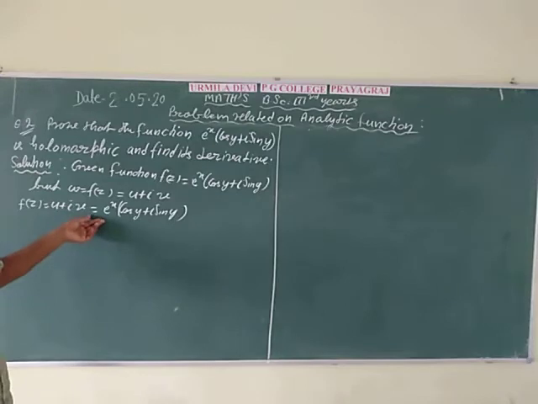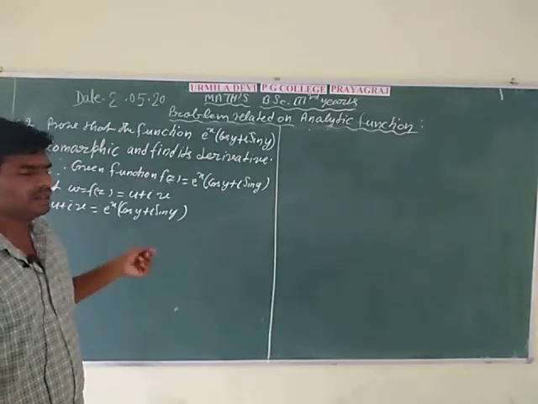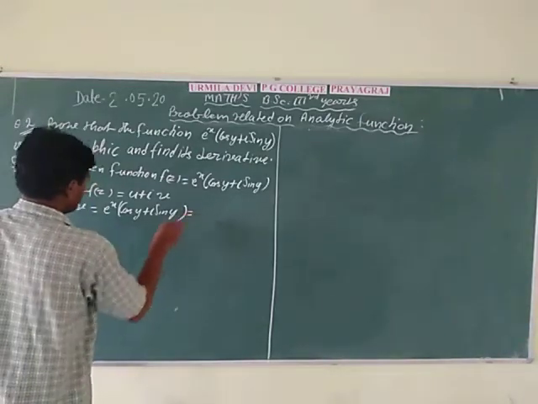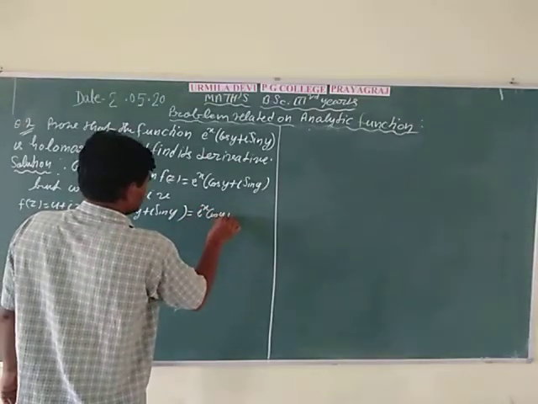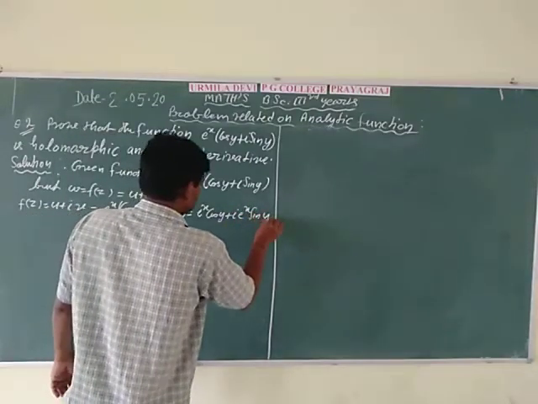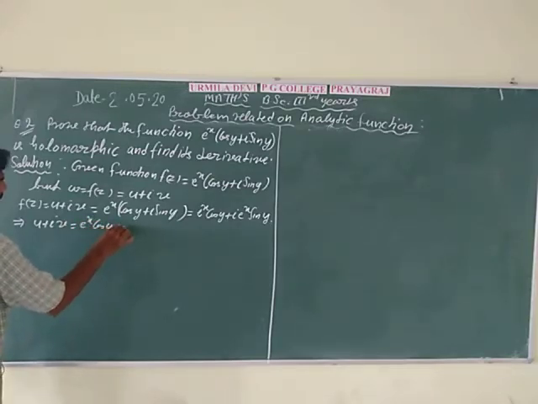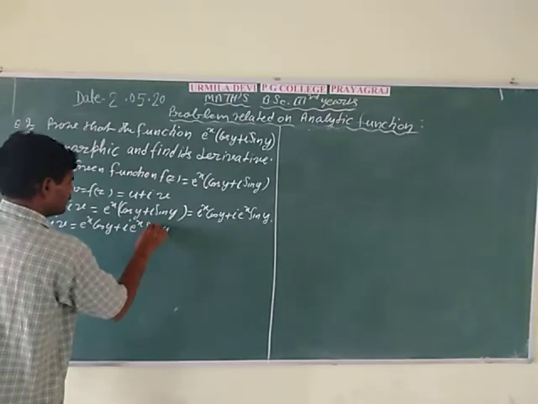You can write in total that f(z) equal to u plus iv is equal to e to power x times (cos y plus i sin y), multiplying by e to power x inside the bracket. After this it is equal to e to power x cos y plus i times e to power x sin y. So it is represented as u plus iv equal to e to power x cos y plus i times e to power x sin y.